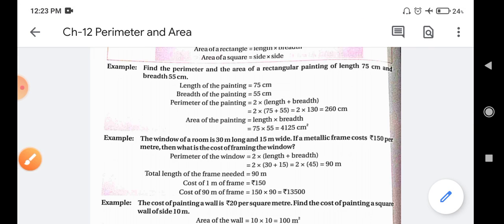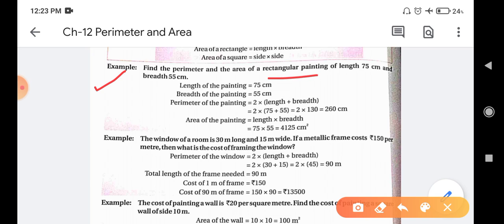First example: find the perimeter and area of a rectangular painting of length 75 centimeter and breadth 55 centimeter. Using the formula for perimeter of a rectangle, its answer will be 260 centimeter.